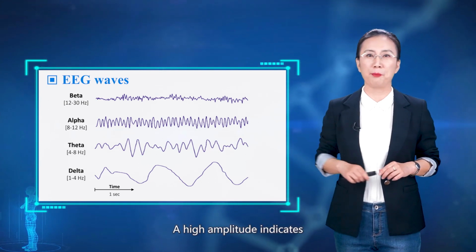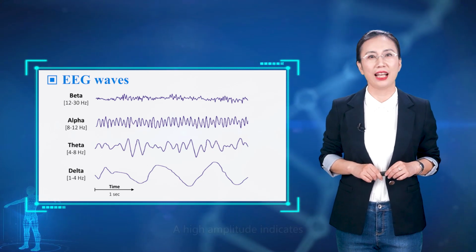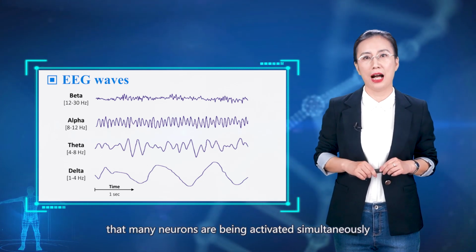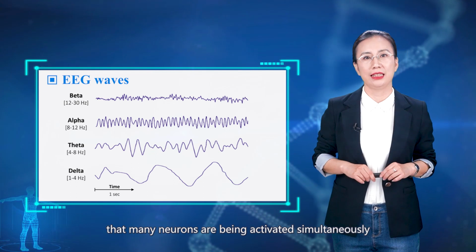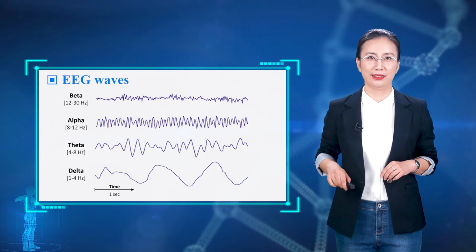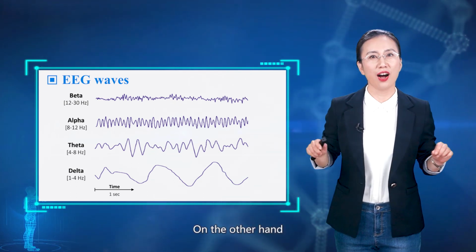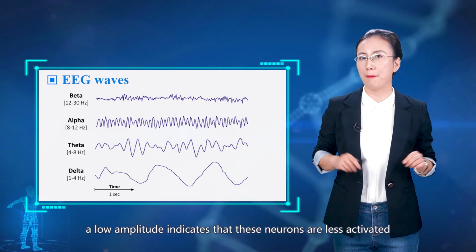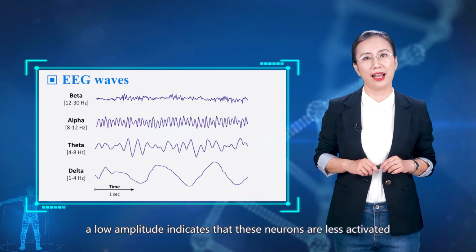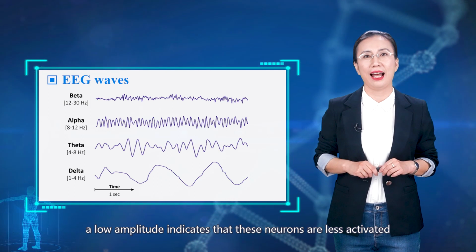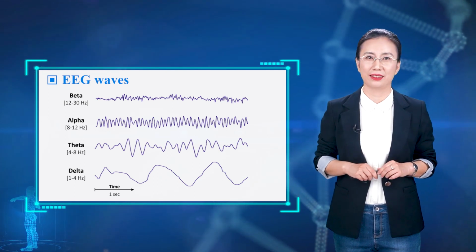A high amplitude indicates that many neurons are being activated simultaneously. On the other hand, a low amplitude indicates that these neurons are less activated.